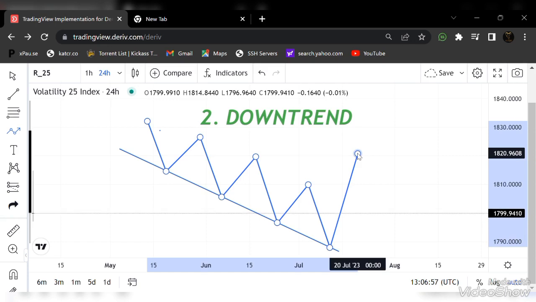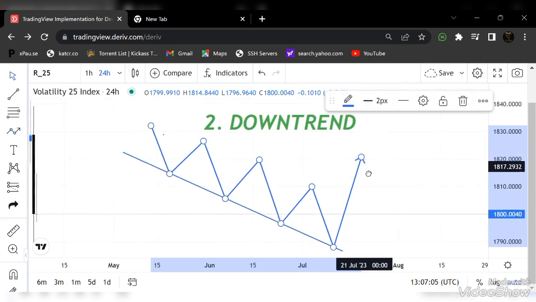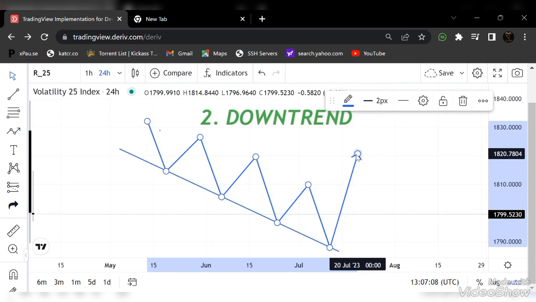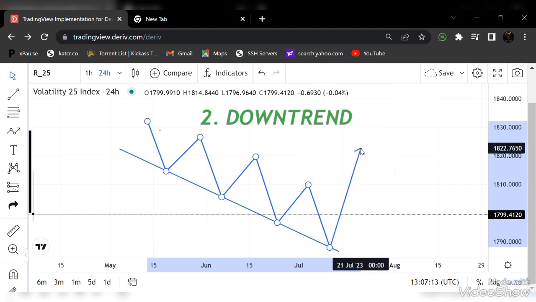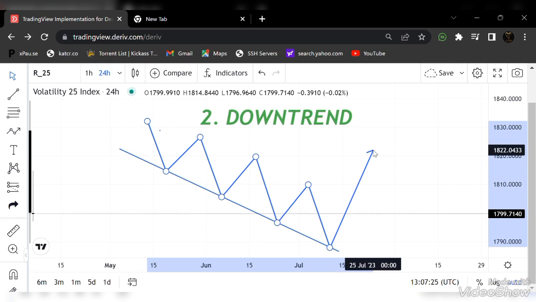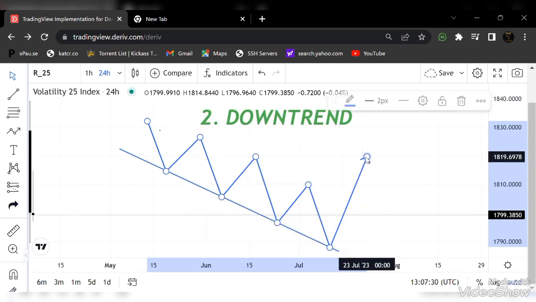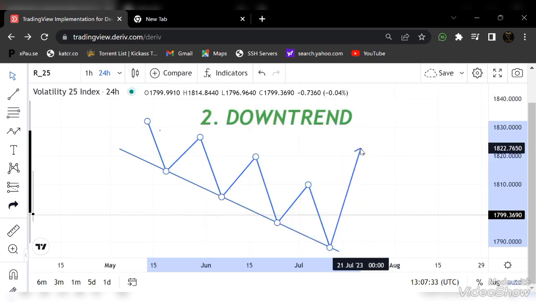So if price breaks this high, there are two scenarios that may happen. Let me do this.